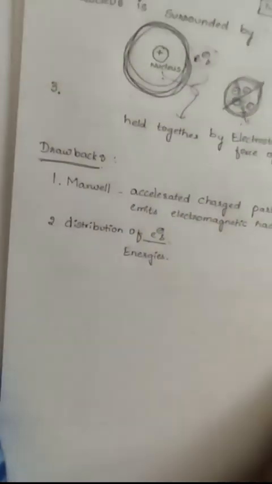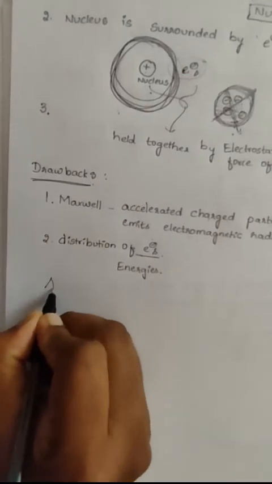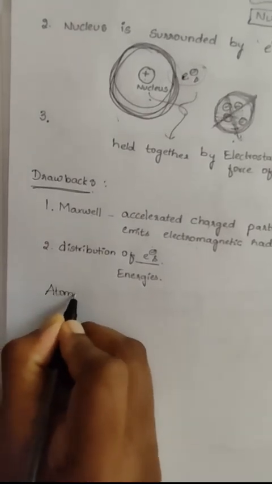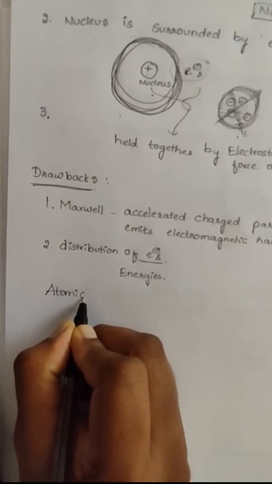So in today's class I will be discussing four terms: atomic number, mass number, isotopes and isobars.